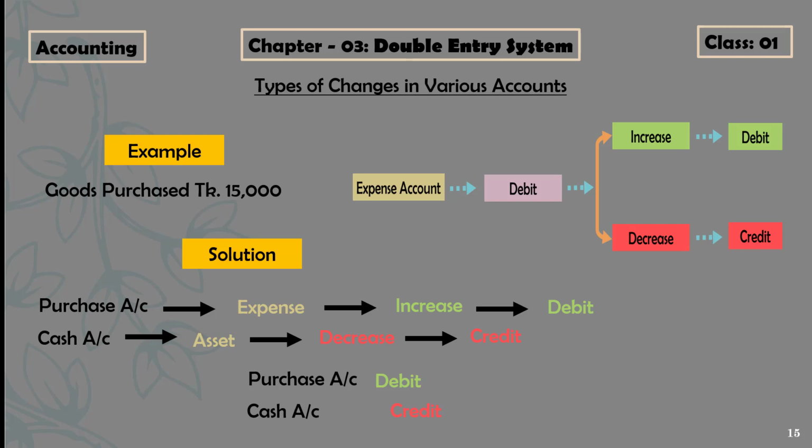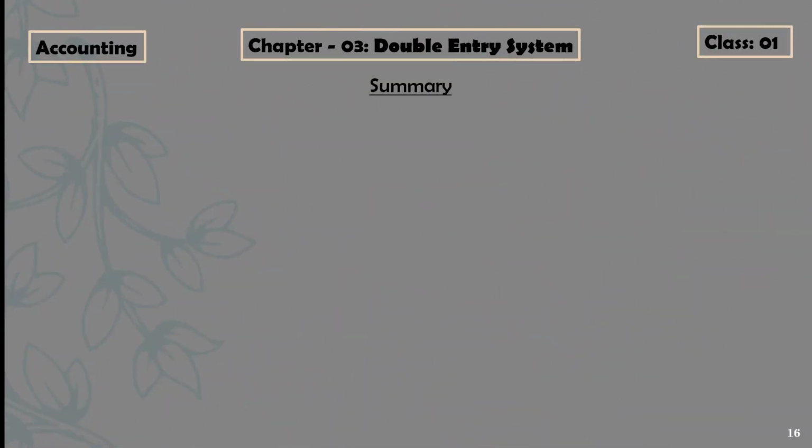So these are all the various changes in 5 accounts. Now we will summarize the total concept that we learned in this video. There are 5 accounts, as you already know: assets, liabilities, owner's equity, revenues, and expenses. Two of these 5 accounts are debit accounts.